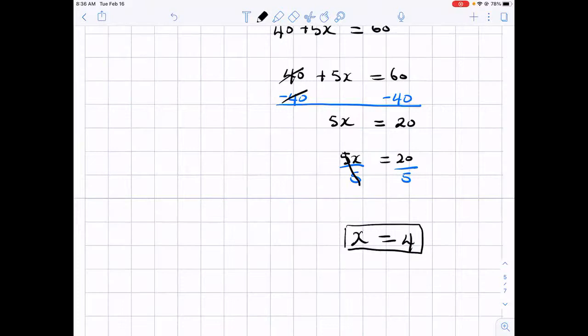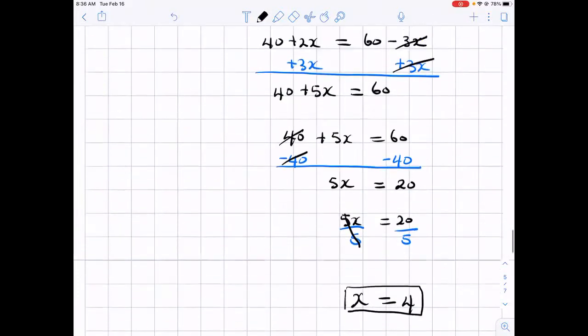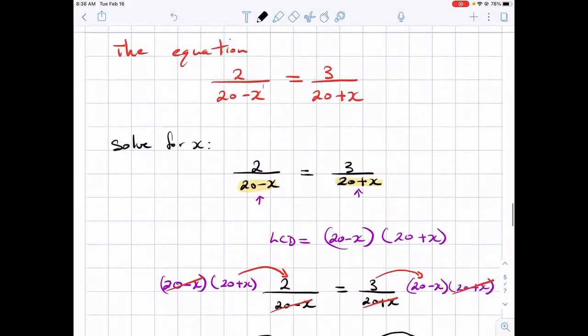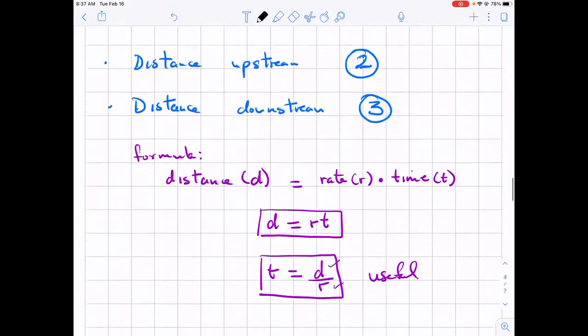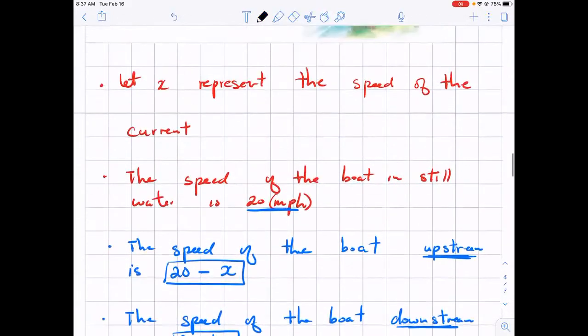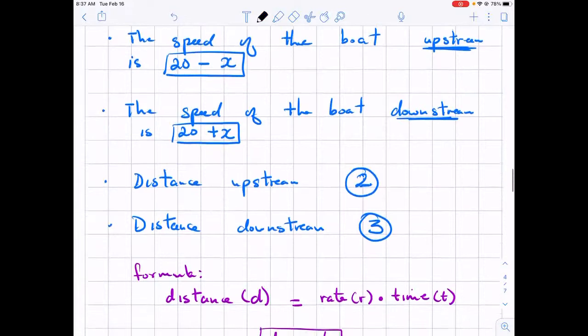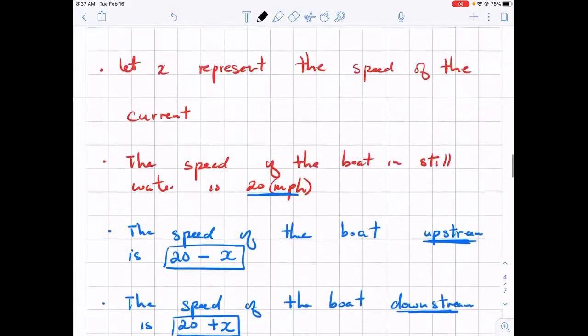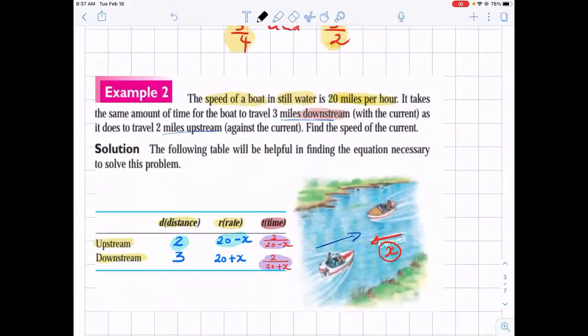But you're not finished. What is the question asking? The question says that we have to find the speed of the current. We know that the speed of the current is x, but x represents the speed of the current.